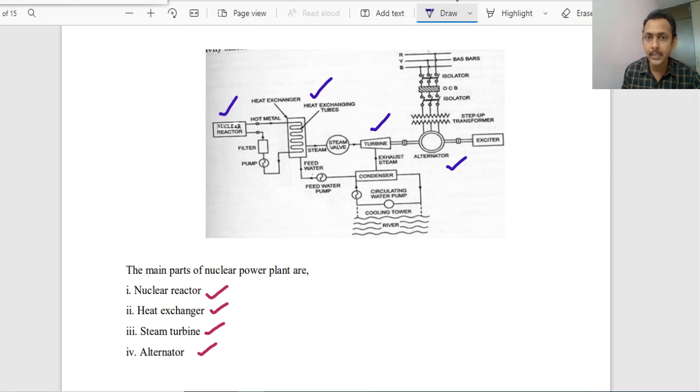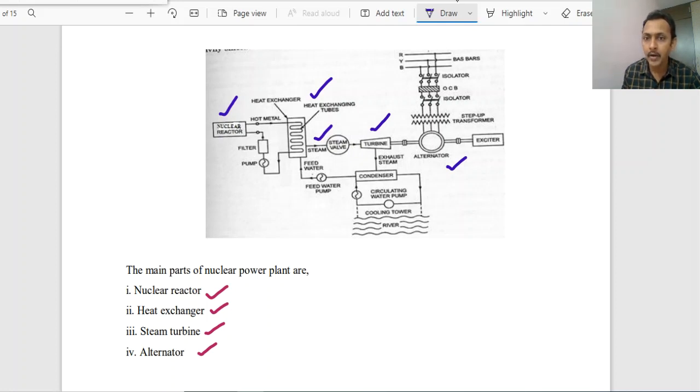Now in the heat exchanger tubes, this heat will be absorbed by the coolant materials, and the water, or coolant, will be converted to steam. Now with the help of the control of the steam valve, the steam will be given to the turbine. Now the turbine gives you the mechanical output, and the mechanical output is given to the alternator, and from the alternator we are going to get the electrical output.